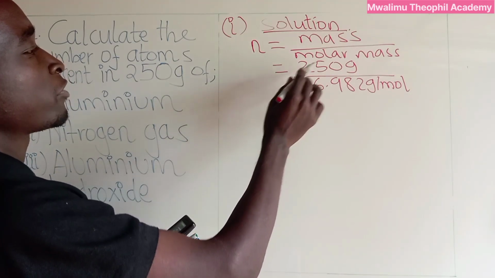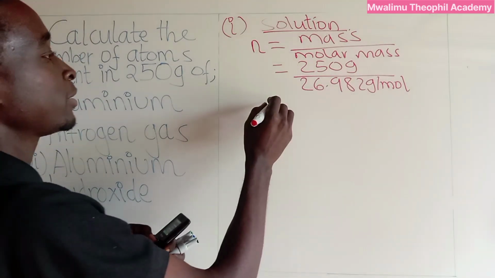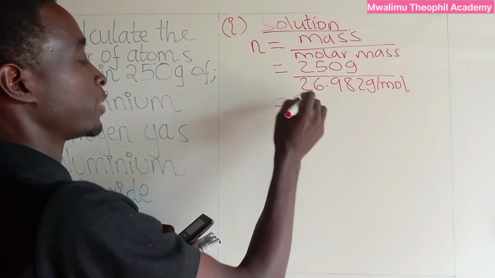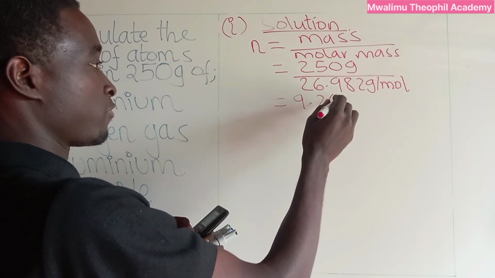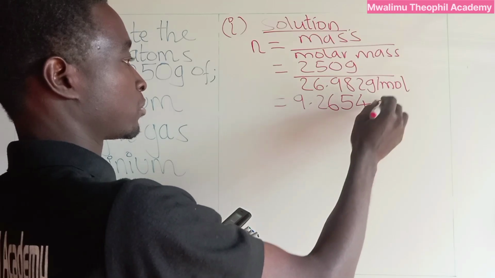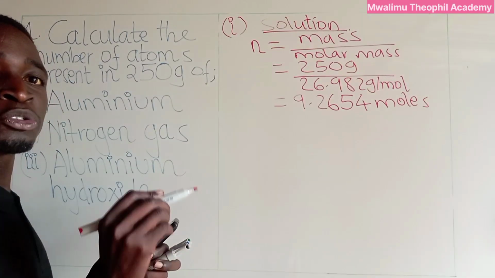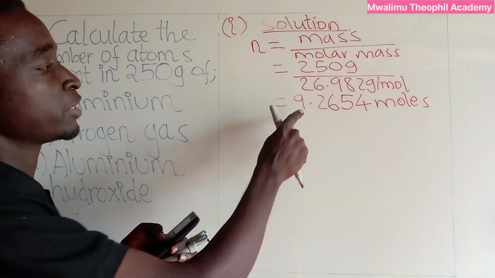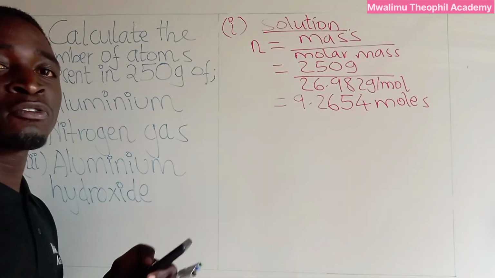After taking 250 grams over 26.982, you get 9.2654 moles. Now, the number of moles present in 250 grams of aluminium is 9.2654.